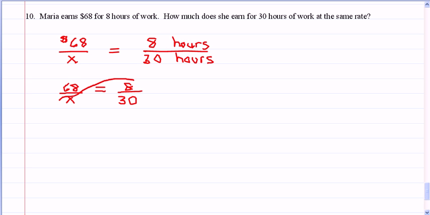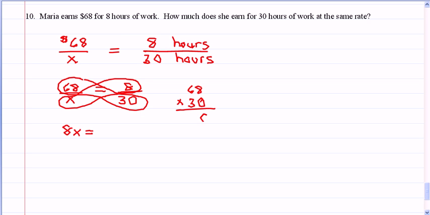And I start with this diagonal, 8x, and then 68 times 30. So if I take 68 times 30, I get 2040. And then I divide both sides by 8.